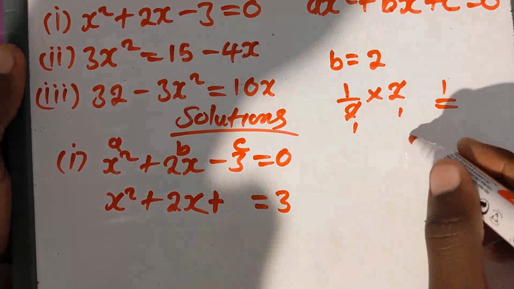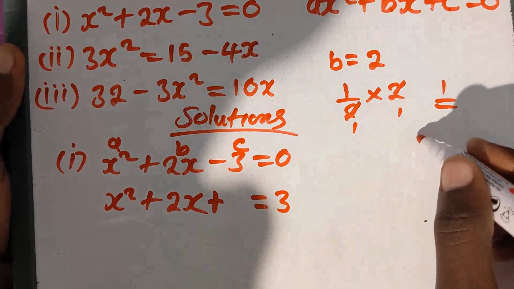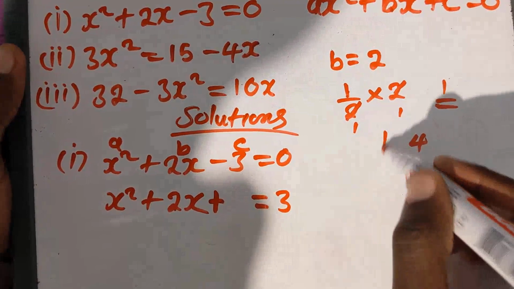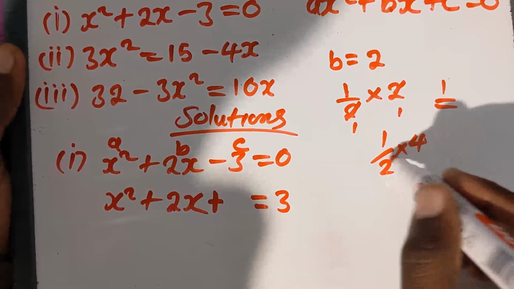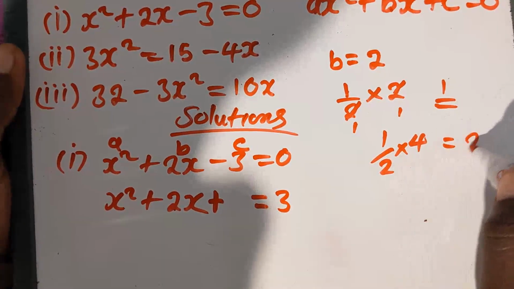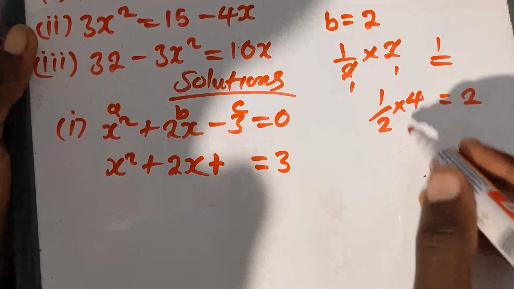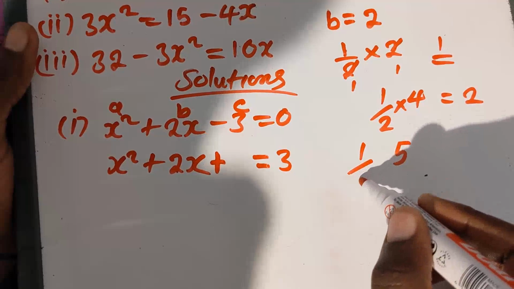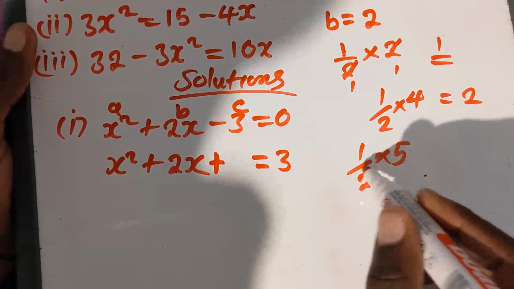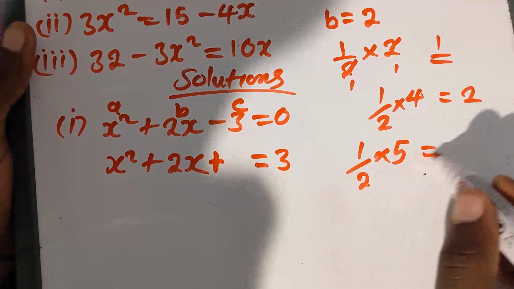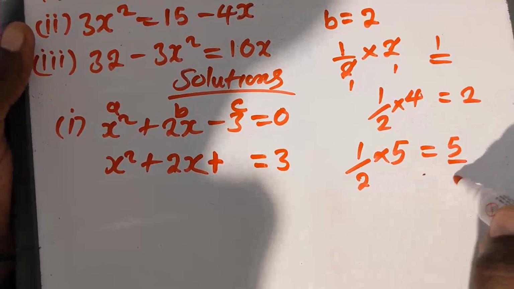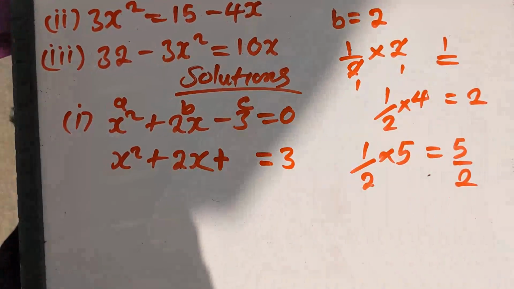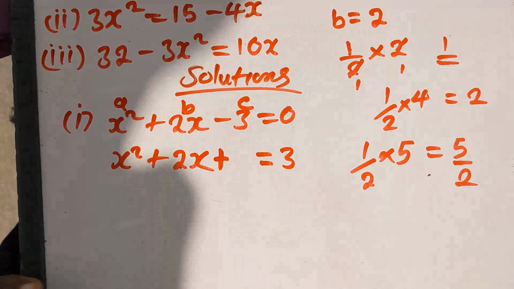When we say half of 4, we multiply 1 over 2 times 4, which is going to give you 2. So half of 5, we multiply 5 by 1 over 2, and you are going to have 5 over 2. Don't forget this. Make sure that you get it right.